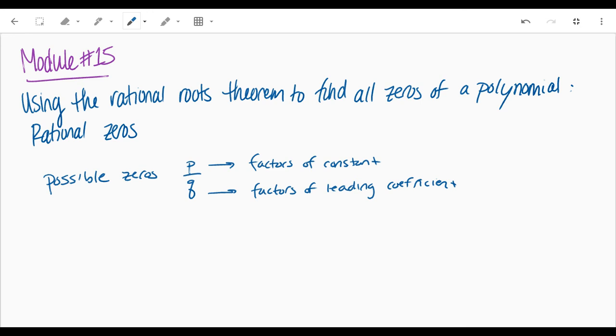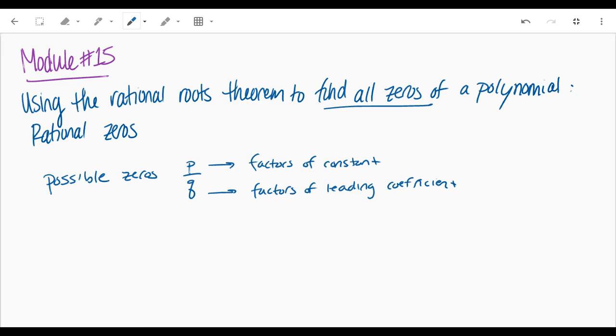And then what we're going to do after that is, once you have all of your candidates, we test them to see which one actually is it. So we're going to actually find all of the zeros. We're not just finding the possible ones. We're going to find all of them.